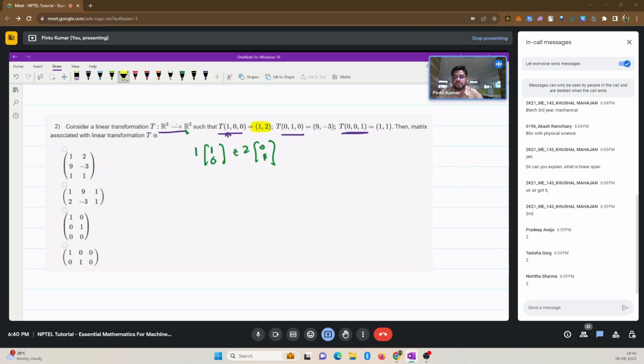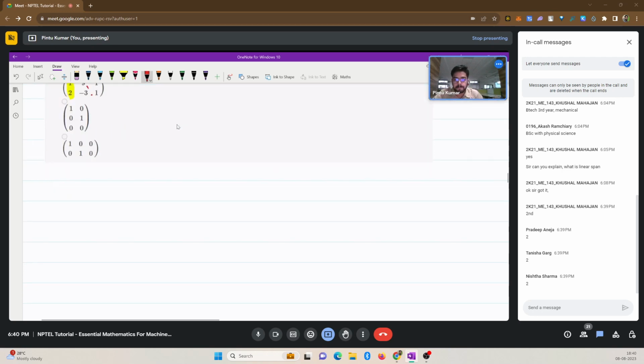If you write these coefficients as your first column, you straight away obtain the second option. You can verify this for the others also, that this is 9 comma minus 3, this is 1 comma 1, and this is how you obtain the matrix corresponding to a linear transformation. This way works for any linear transformation.